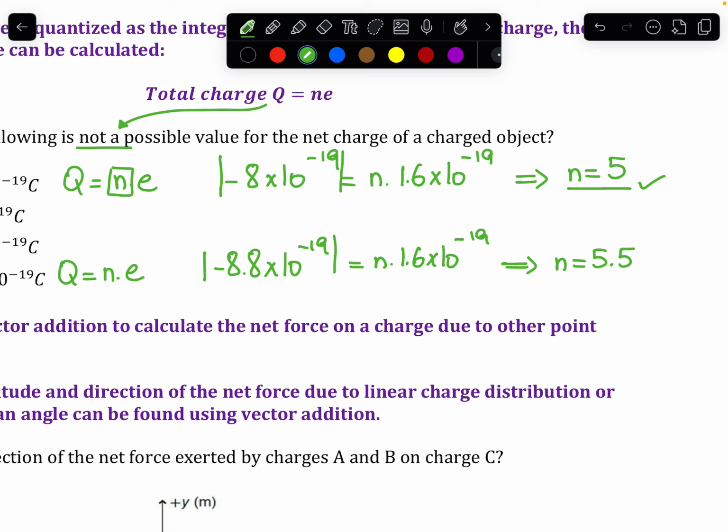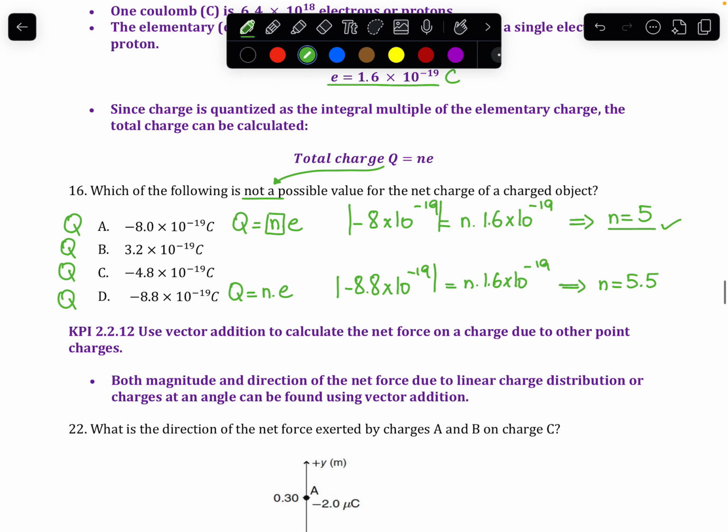I cannot have a decimal number of electrons. They always come quantized, integral multiples of the elementary charge. So this one is not possible. So it is D.